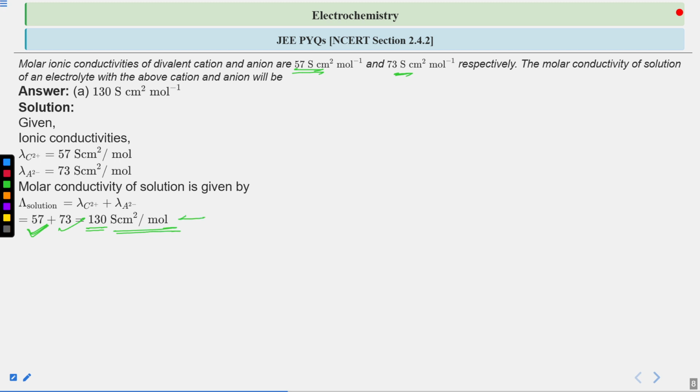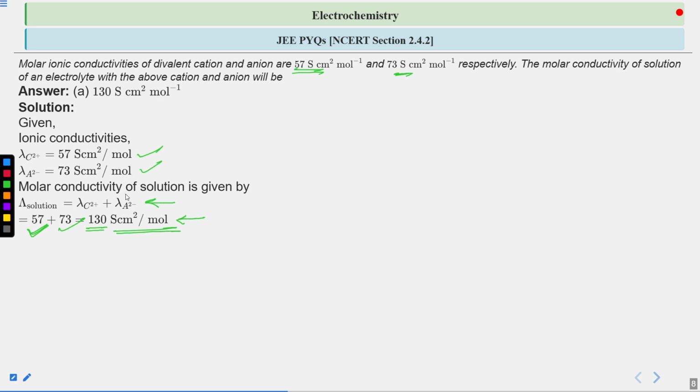So this is the value of molar conductivity of our solution, which is made up of the electrolyte formed by combining the given cation and anion. So the lambda of the solution, that means the molar conductivity of the solution as per the Kohlrausch law, is defined as the sum of the ionic conductivities of their particular ions.